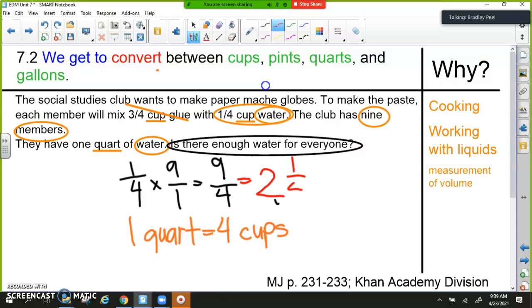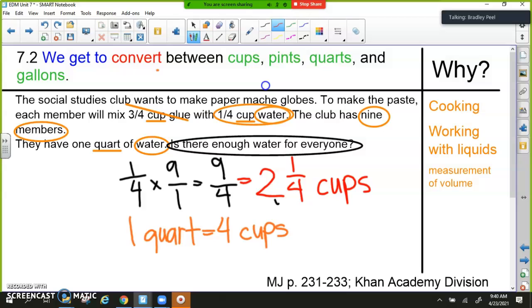Yeah. So you can take one whole out, which is 4/4. You can take two wholes out, which is 4/4. All of that equals 8/4, right?